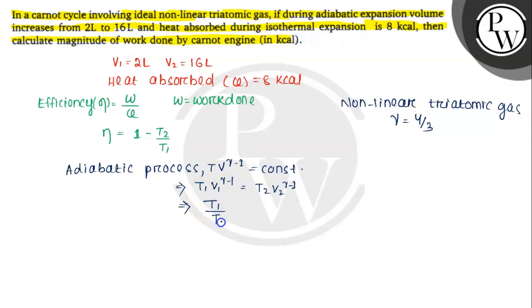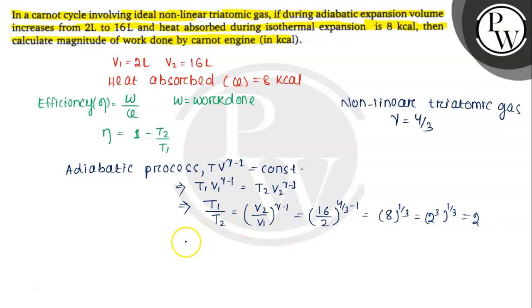So T1 by T2 will be equal to V2 by V1 to the power gamma minus 1. And here V2 is 16 and V1 is 2, and gamma is 4 by 3 minus 1. So it will be equal to 8 to the power 1 by 3. So now it will be equal to 2.